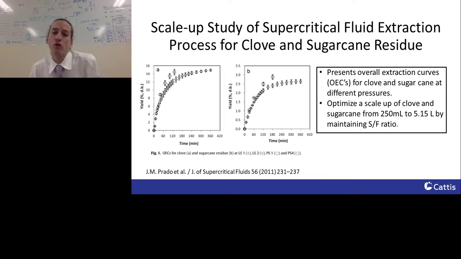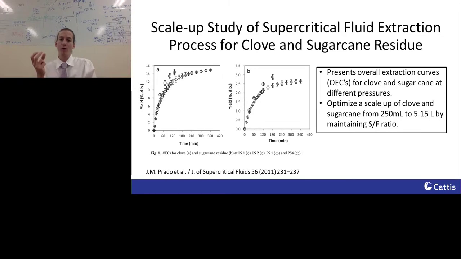So if you were to Google supercritical fluid extraction and natural products, you'll probably get 1,000+ different hits on Google. And this is one example, a publication from 2011, where this group explored extracting sugar cane and cloves utilizing SFE. They built these overall extraction curves, where on the x-axis we have time, on the y-axis we have percent of our COI, compound of interest.